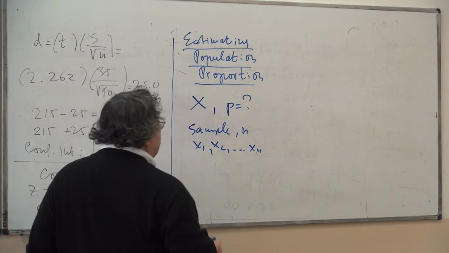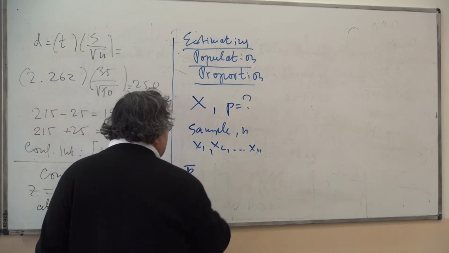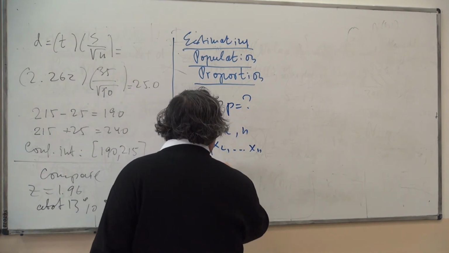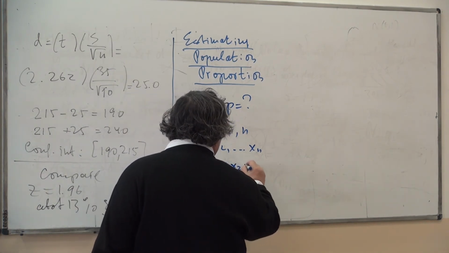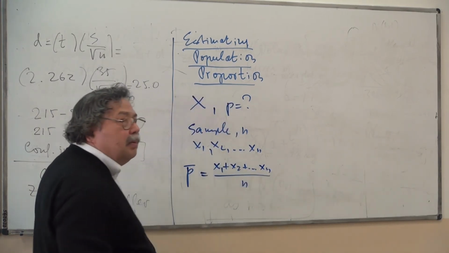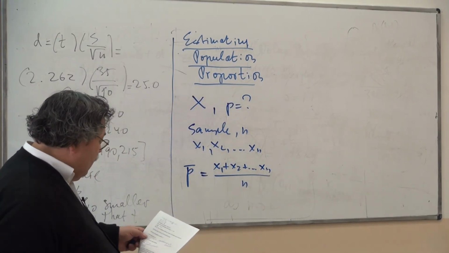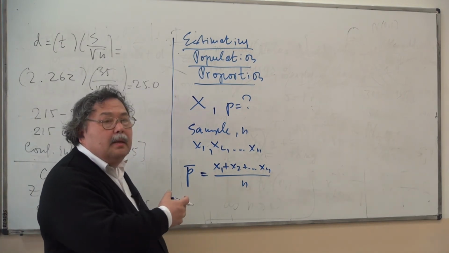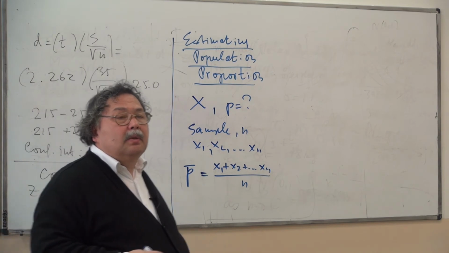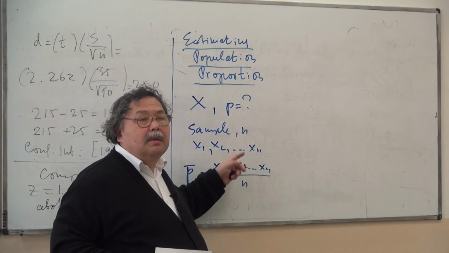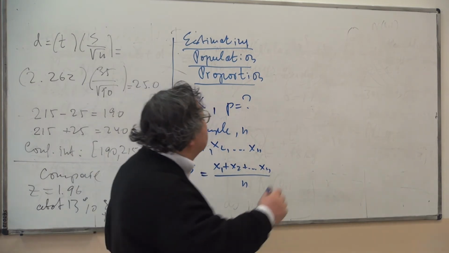Okay. Then we can compute what is called the sample proportion, which is x1 plus x2 plus ... plus xn over n. Well, a good way to interpret it is that it's the number of successes on this trial divided by the number of points in the sample.